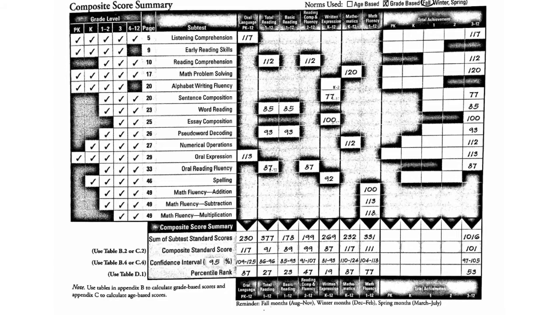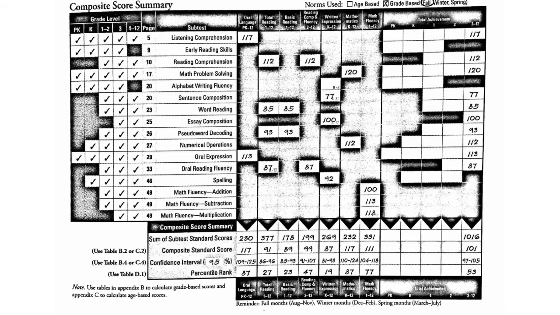Let's see, where else can we look at here? Oh, let's go over to the total achievement, the very far right column. Okay, we can look at the different subtests that contribute to the total achievement score, which is a way to collapse all the subtests to give us an indicator of the student's overall achievement level.